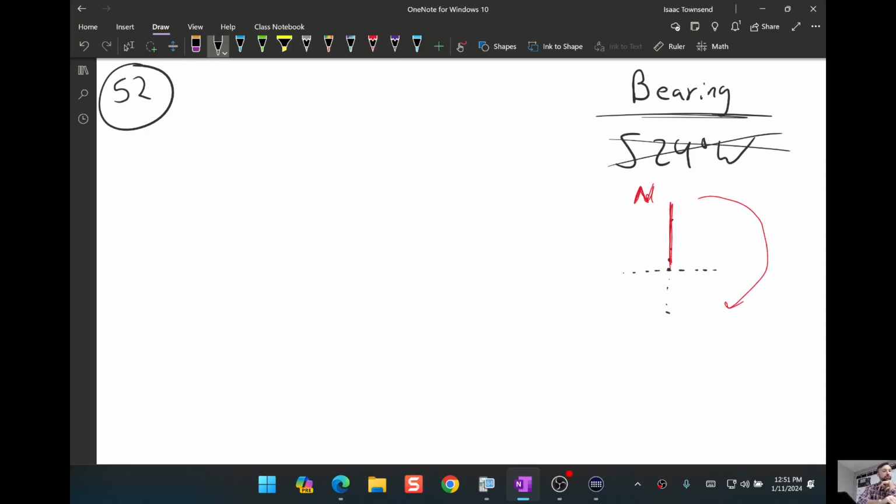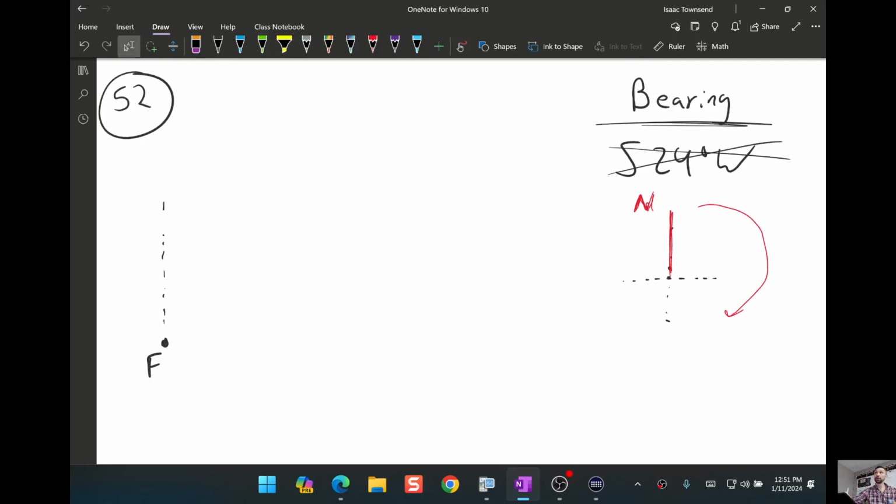So to show you what your picture should look like with 52, because you actually have to draw on these bearings. It's about a plane that flies to a couple cities. So we've got a plane that flies 810 miles from Franklin to Centerville, and it takes a bearing of 75 degrees, which means from the north line, turning clockwise 75 degrees.